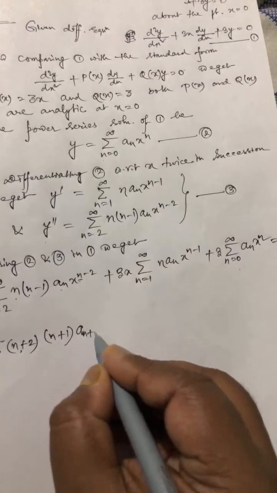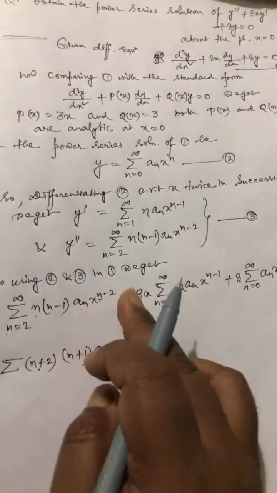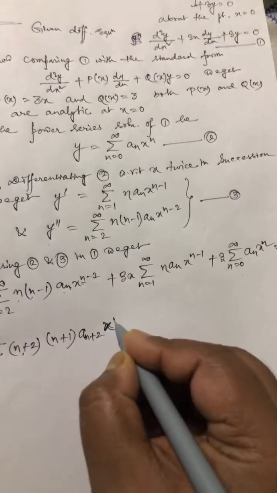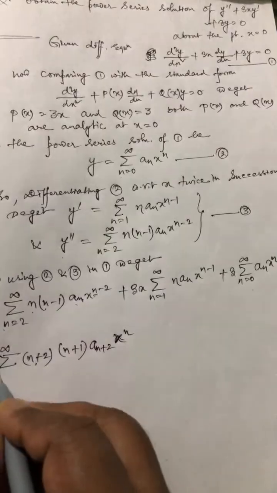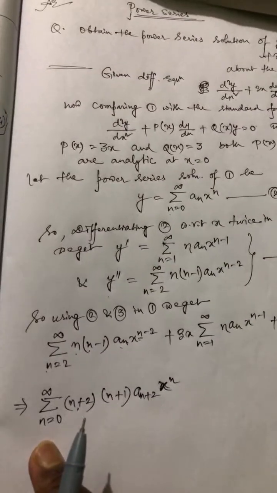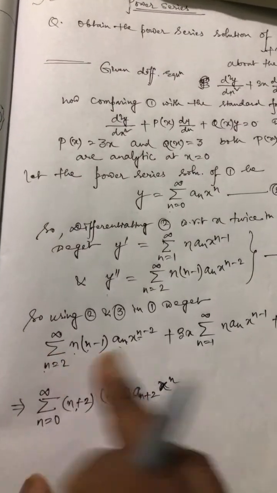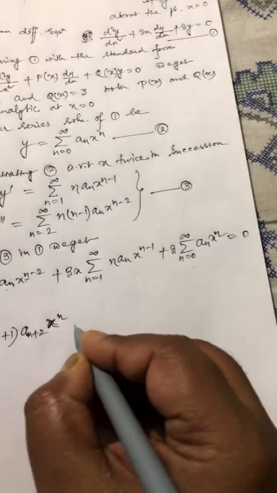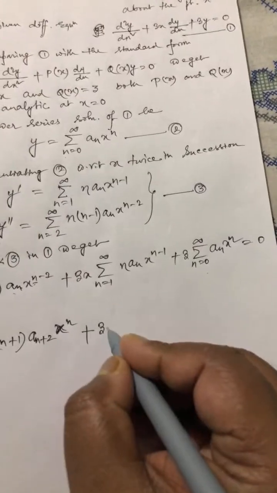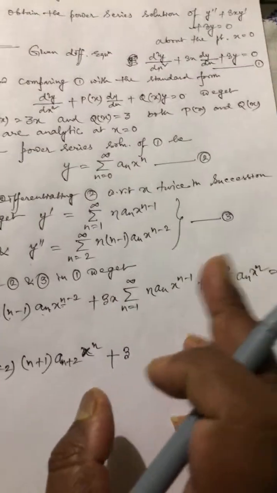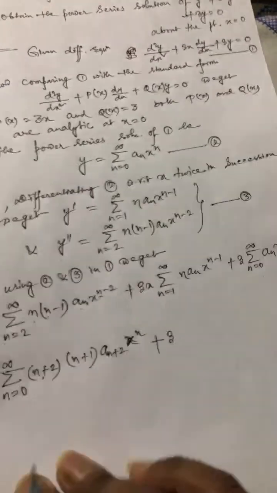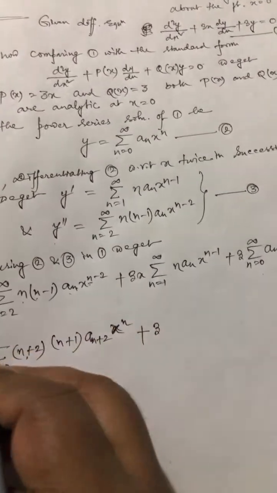Then n plus 2, then x to the power n minus 2 will give you x to the power n, and the summation will be n equals 0 to infinity. Why? Because n plus 2 equals 2, so automatically it will be n equals 0 to infinity. After that you have 3x. Now one more thing, here you can have an additional line just before this expression.